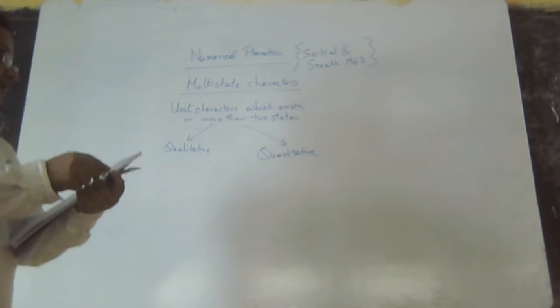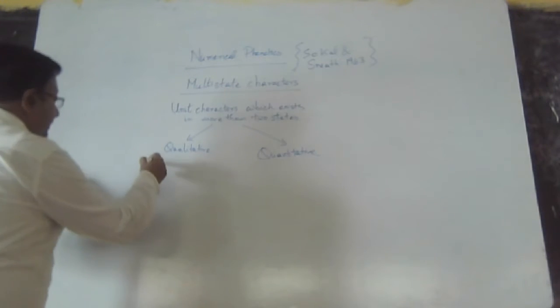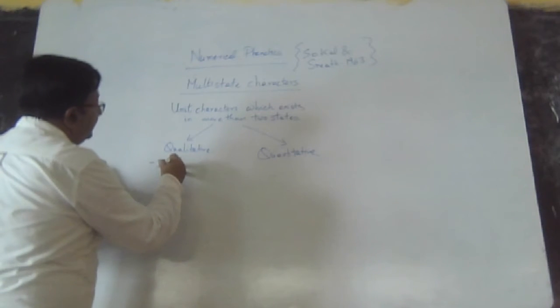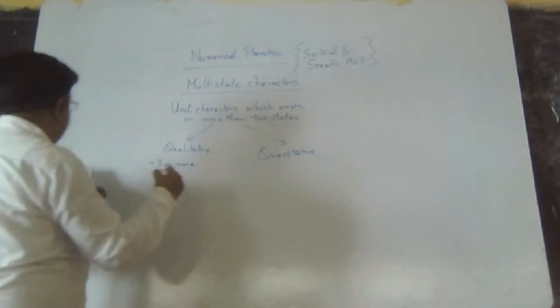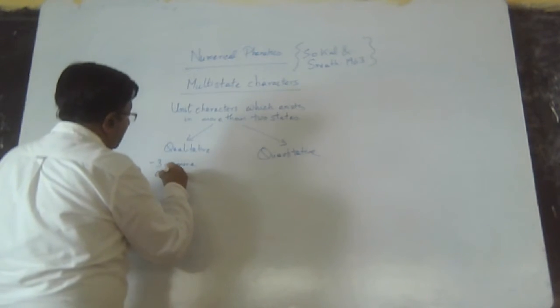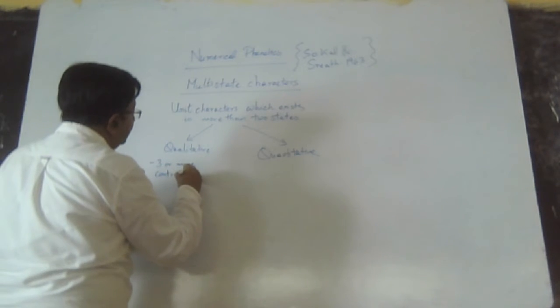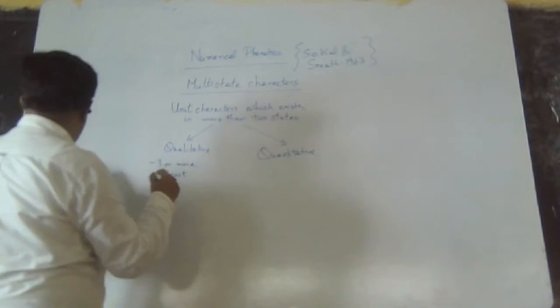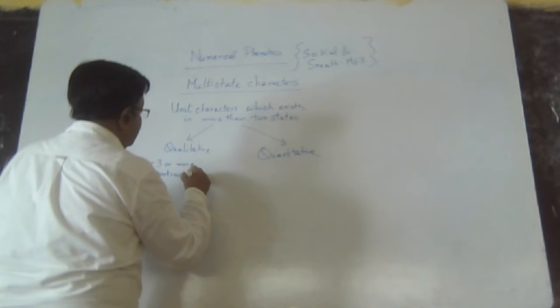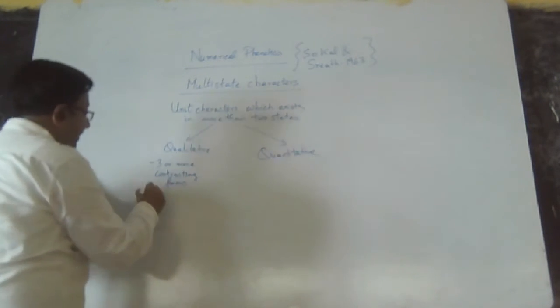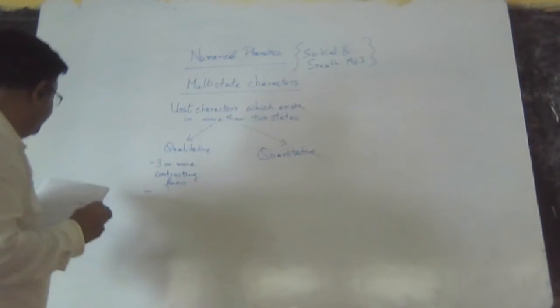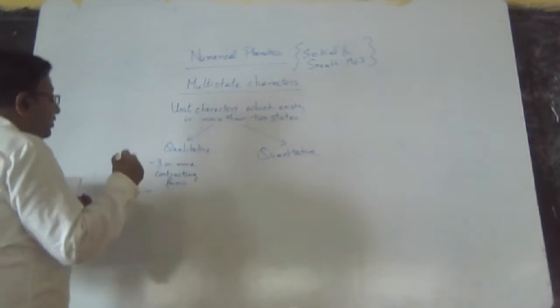Qualitative, they contain three or more contrasting forms. I'll explain what they are. Next point is, each form is ranked on equal footing.